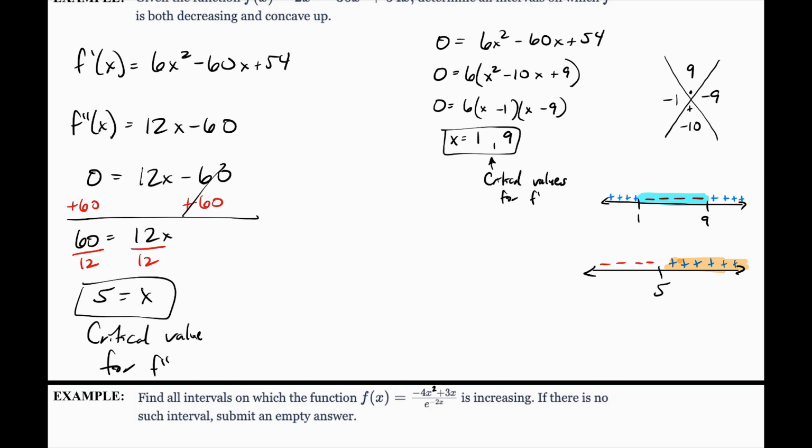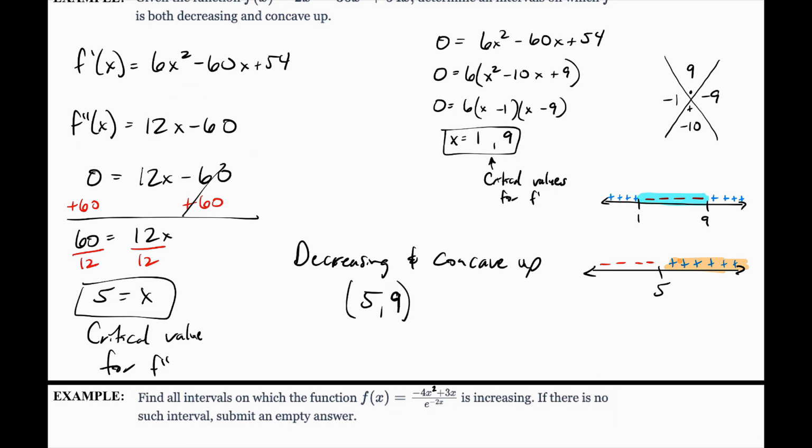So that's the interval where they're decreasing and concave up. Decreasing and concave up, in between 5 and 9.